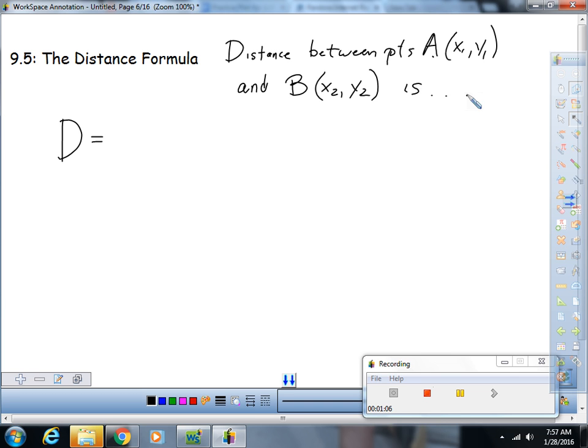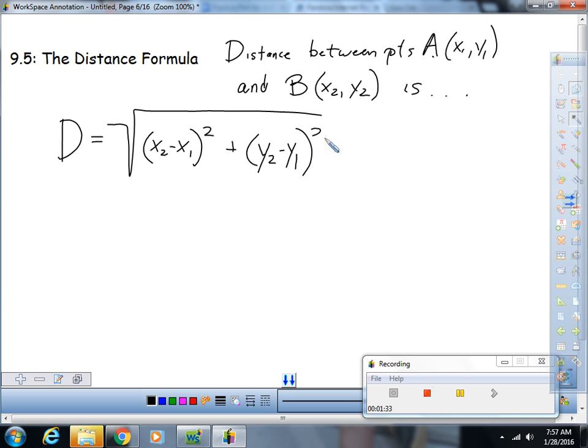Okay, look, don't get confused by this notation. We're just saying if we have any 2 points in the coordinate plane, to find the distance between those points, you subtract the x values, and then you square that, and then you subtract the y values and square that, and then you take the whole square root of it.